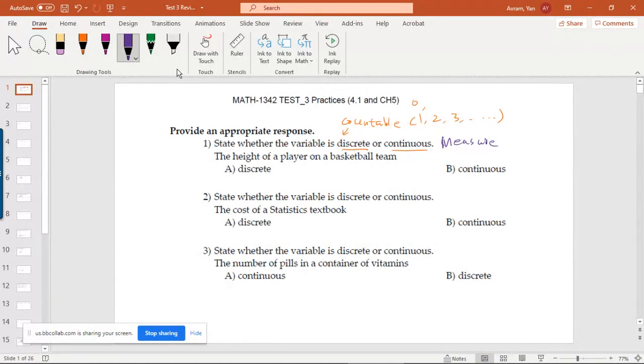This one can have a decimal point, like 0.5678 and on, depending on what kind of instrument you use. When we count something, like the number of people, we don't count half a person, right? So countable always has an integer, okay?